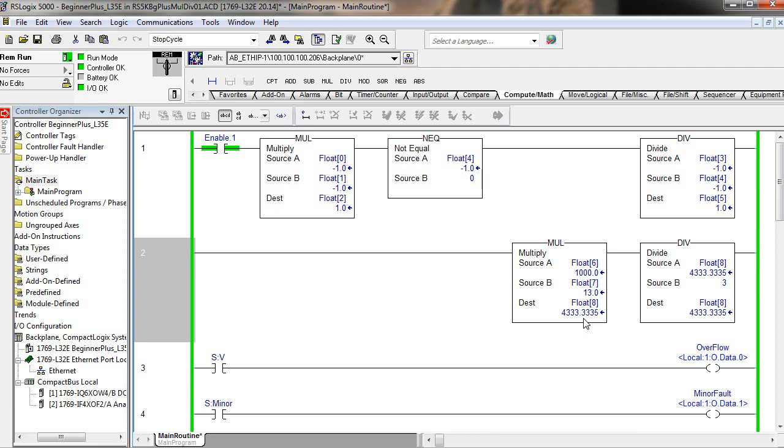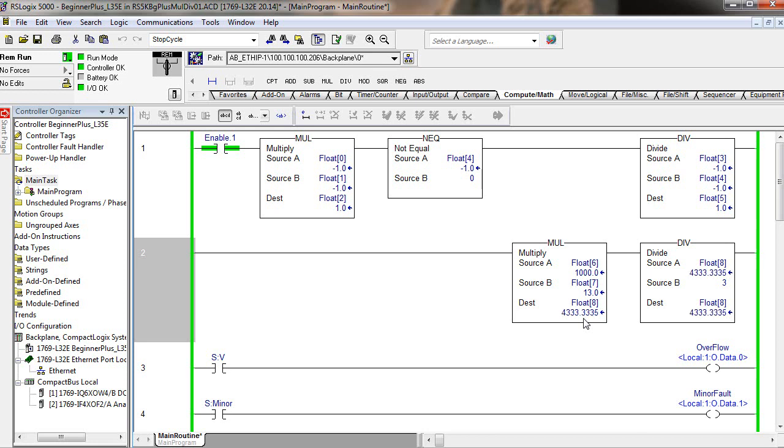So it all depends on the update time of the video card in this monitor, whether you catch it in that 1/5,000th of a second. Because remember, if the communication software happens to catch the value in float 8 in the controller at the right instant, it will display it as 13,000, even though microseconds later it's going to be 4,333.335.